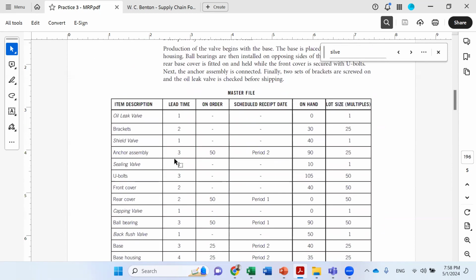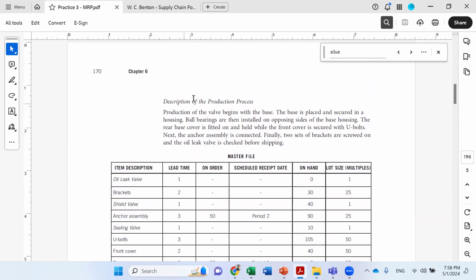So you're going to start from this one, but then you also need to create a bill of material for the oil leak valve with the quantities, right?